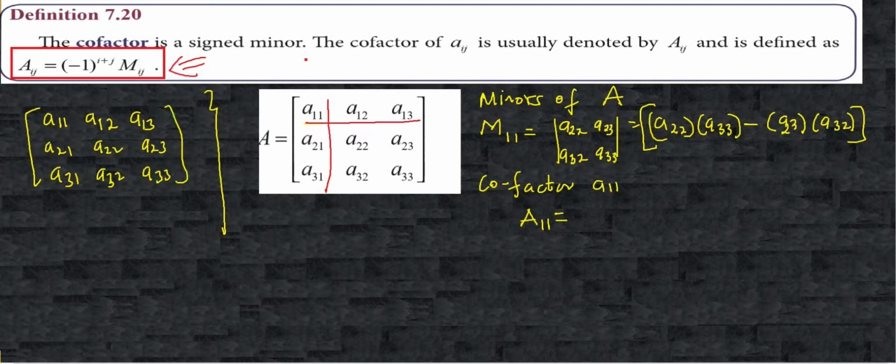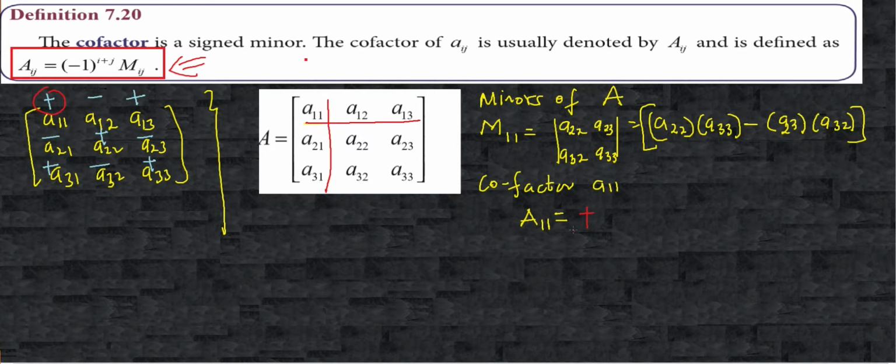Then start by placing a positive sign on the head of the first element, followed by a negative sign, then positive, negative, positive, negative, positive, negative, positive. The sign you have placed will indicate the cofactor for that particular element.